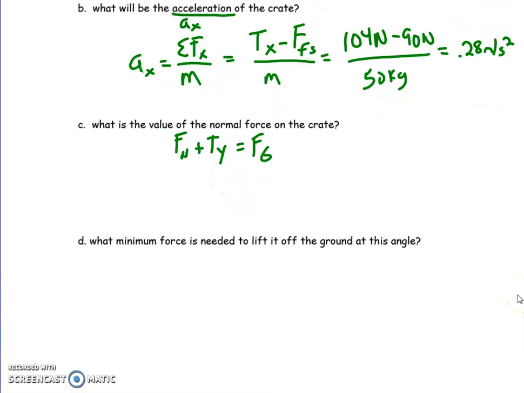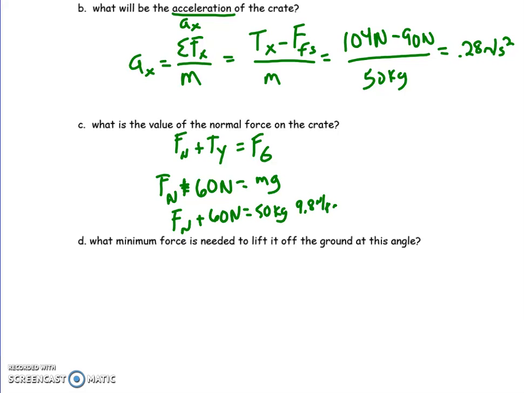Okay, so the normal force plus Ty, so Ty we found out to be 60 newtons, equals the weight, and the weight is m times g. So I've got the normal force plus 60 equals 50 kilograms times 9.8 newtons per kilogram.